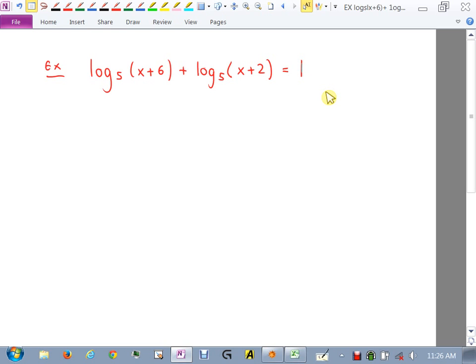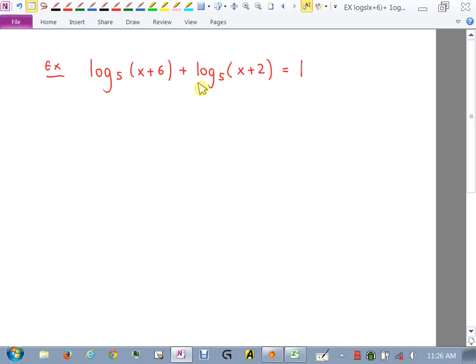All right, so we do not have logs on both sides of the equation, do we? And we have this 1 here, and that 1 is going to be a pretty big issue because the 1 kind of prevents me from just moving one of the logs over. If that was a 0, I could just move a log over, then I'd have logs on both sides. But I can't because of the 1.